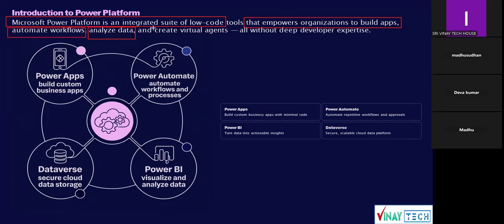Also, Microsoft Power Platform provides the option to create virtual agents such as chatbots. So we can develop all these applications, automate the business process, analyze the data, and create virtual agents without having deeper knowledge or experience in development.